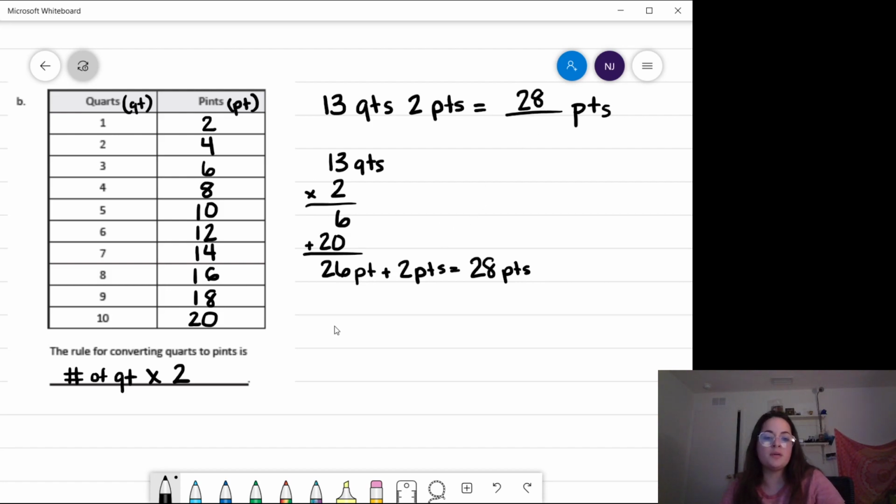We can also break it apart. So we've got 10 quarts and then 3 quarts, and then we can multiply each of those times 2 to get our pints.